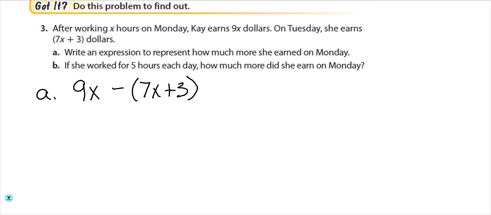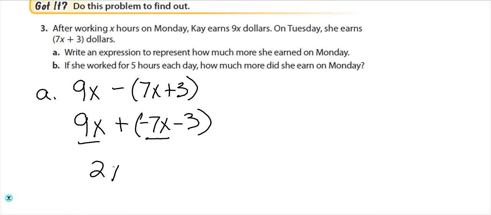So anytime in math you see a subtraction sign, you can do a keep, change, change on it. Sorry, I didn't keep, change, change. I just started rewriting. Let's back up. There we go. Okay, so it'll be negative 7x minus 3. All right, so 9x and negative 7x would be 2x, and then we just have a minus 3 left over.